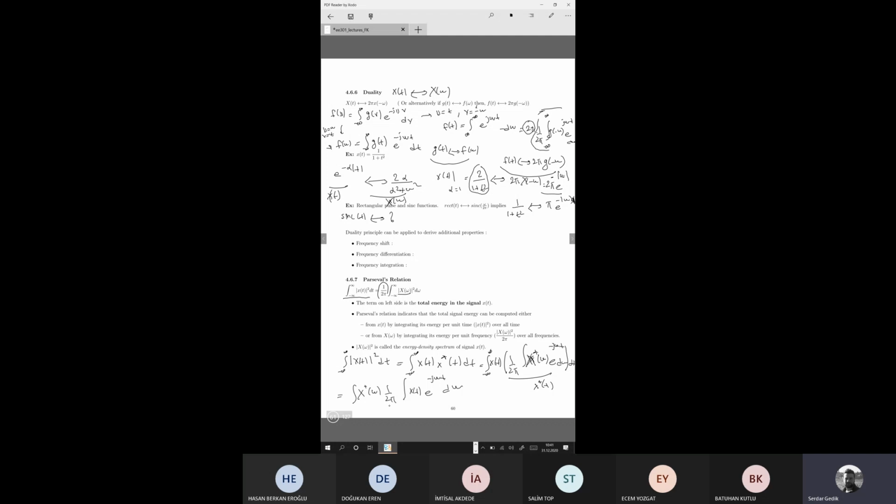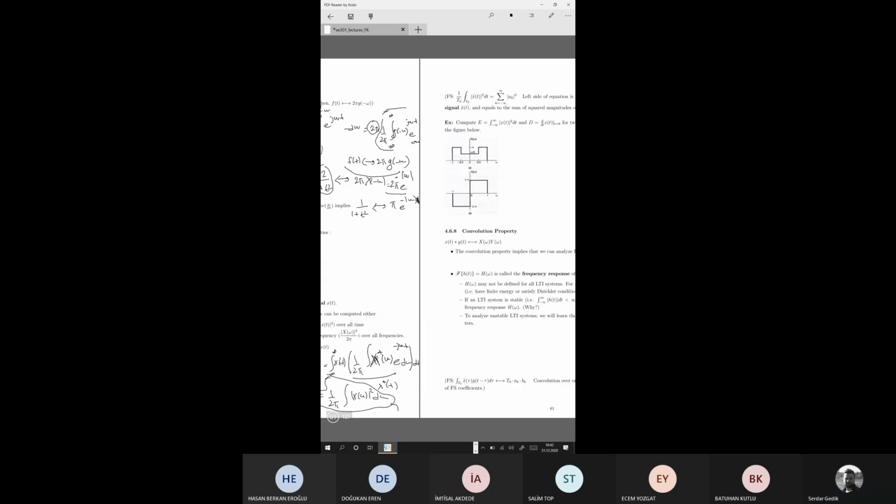Of course, this is nothing but X(ω), so it's equal to 1 over 2π integral of the norm of X(ω) squared dω. So this is the end of the proof. On the left-hand side I have this relationship, and on the right-hand side I have this term. So Parseval's relationship is valid, as expected.